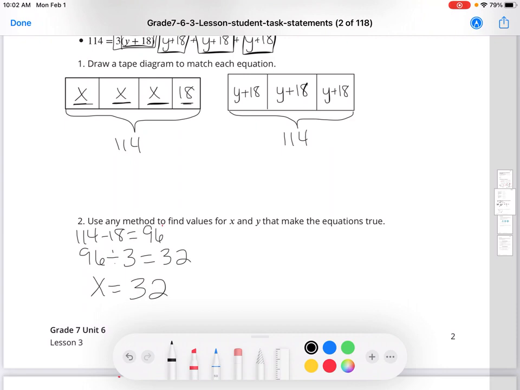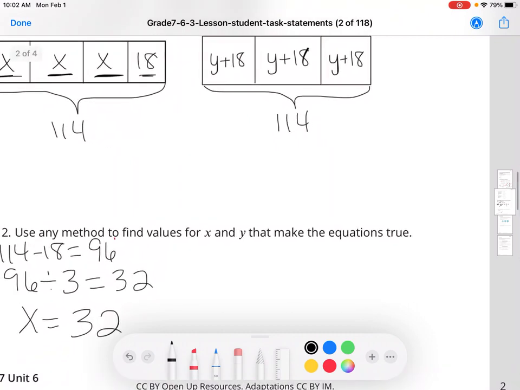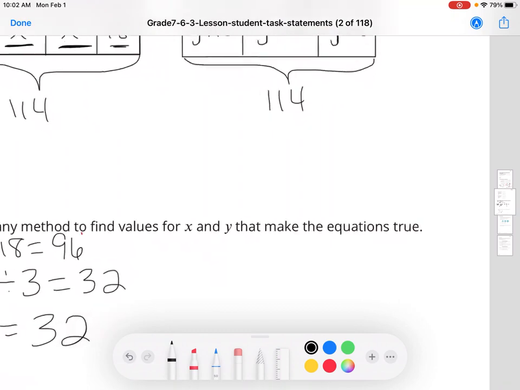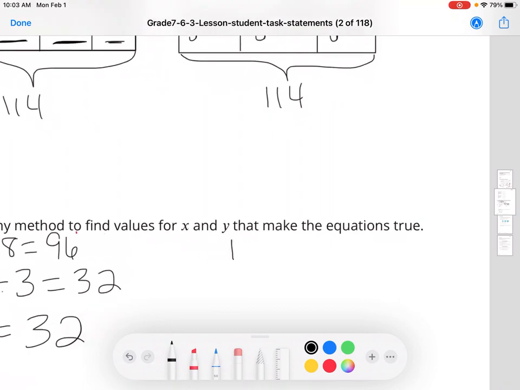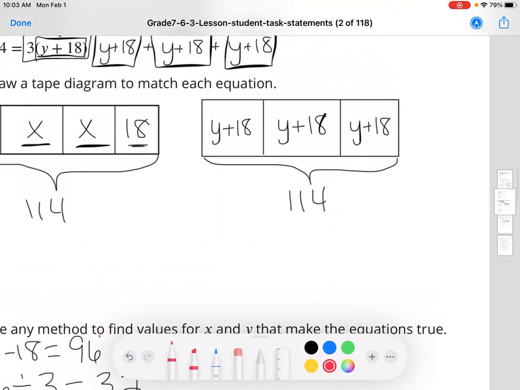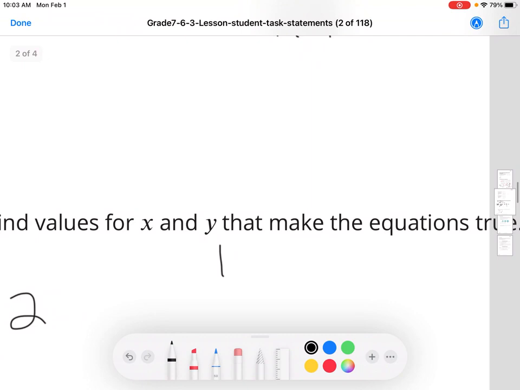Okay, on the second diagram, I have 3 equal groups of y plus 18, and that has to equal 114. So I could figure out what each box represents. So each group would equal what if they're equally distributed. So 114 divided by 3, which is 38.